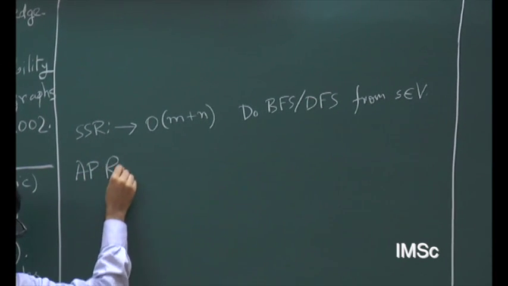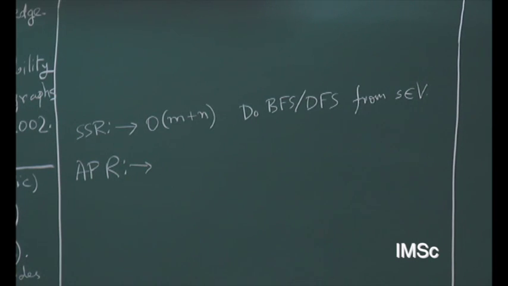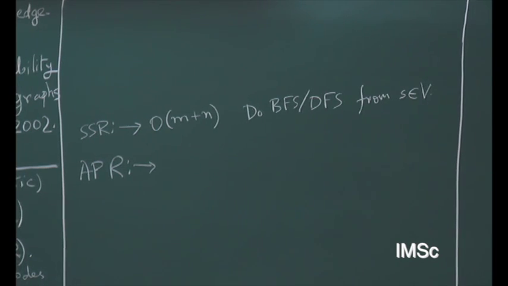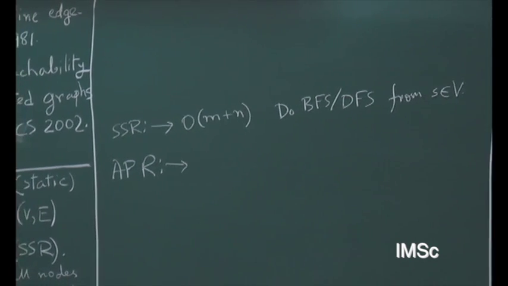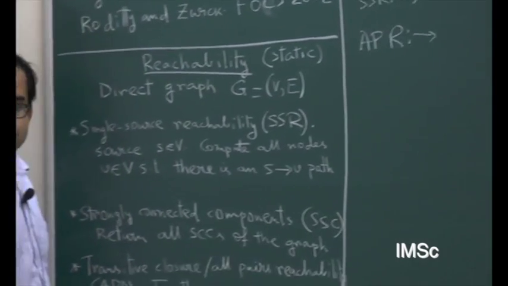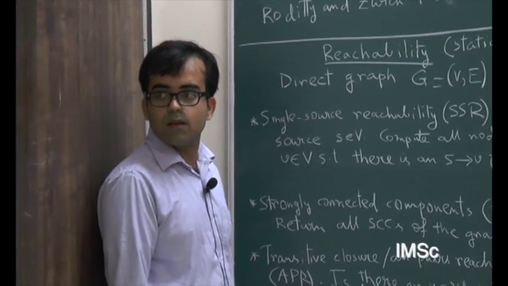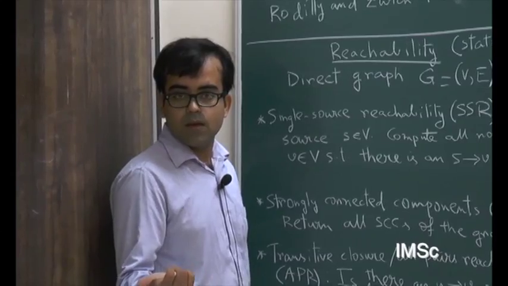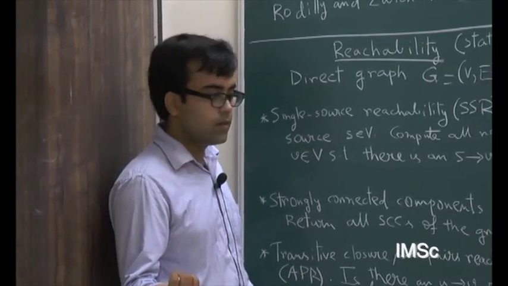All pairs reachability, you just need to return all the pairs that are reachable, all the UV pairs, so that there is a UV path. What will you do? Order of m times n, right?